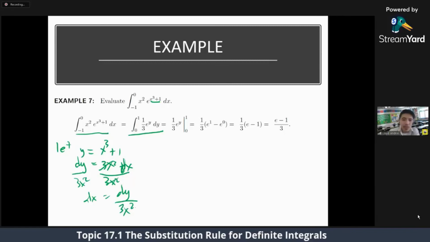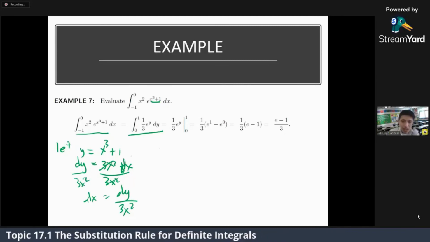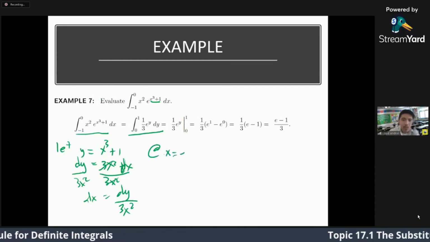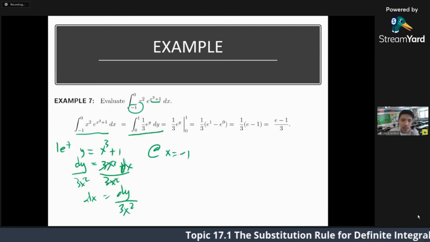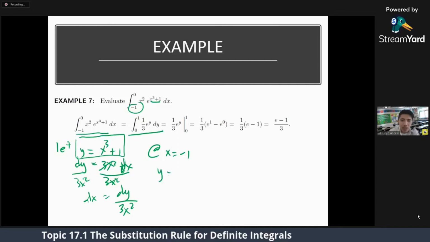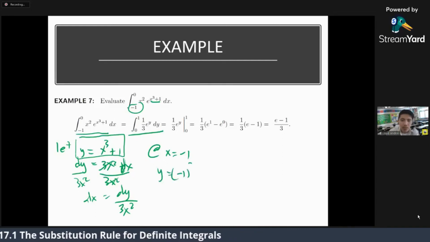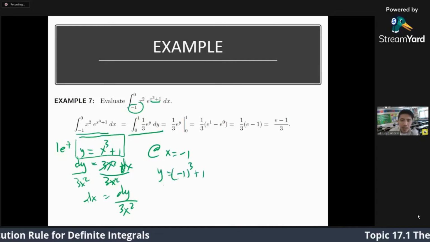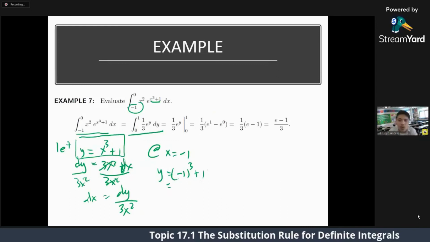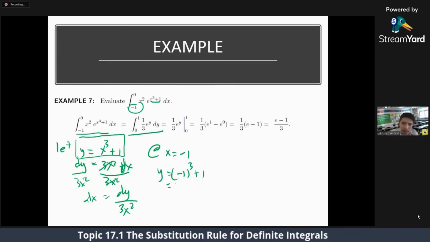Now that we have y, we substitute at x equals to negative 1, the lower limit. From what we let, y equals to negative 1 cubed plus 1. As I said, once the negative is inside the exponent, it stays negative.